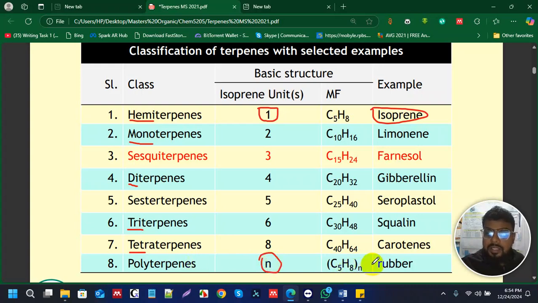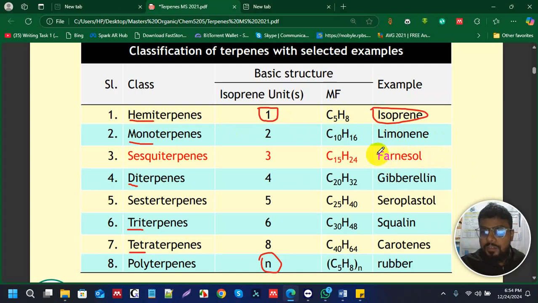An example of polyterpenes is rubber, which contains a larger number of isoprene units. Hemiterpenes: the example is the isoprene unit. Monoterpenes: mono means one, so the attached isoprene units will be two, and an example is limonene.